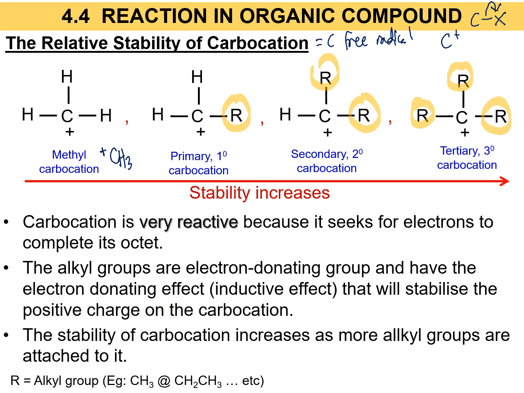Okay, you need to remember this. Alkyl groups dia ada electron donating effect yang akan stabilizekan the positive charge on the carbocation. Okay, so lagi banyak alkyl groups dekat this carbocation, lagi stable lah carbocation tersebut.